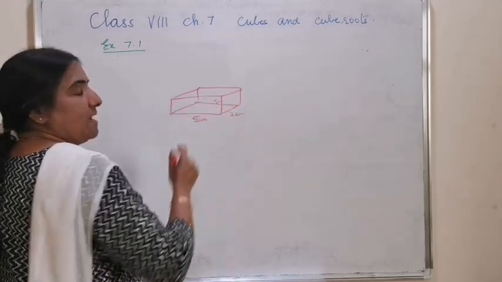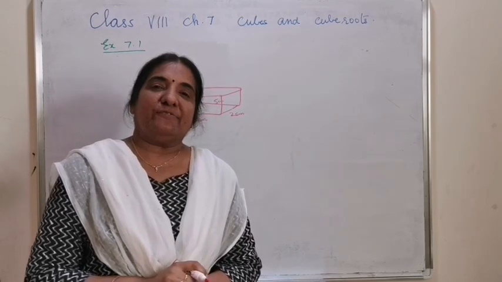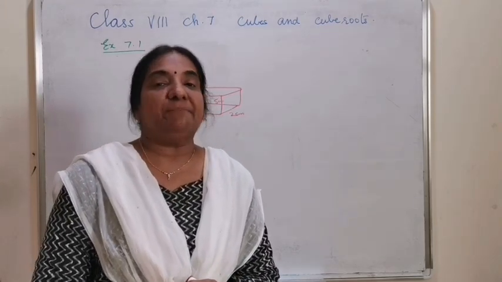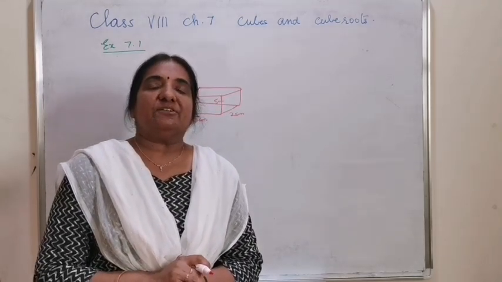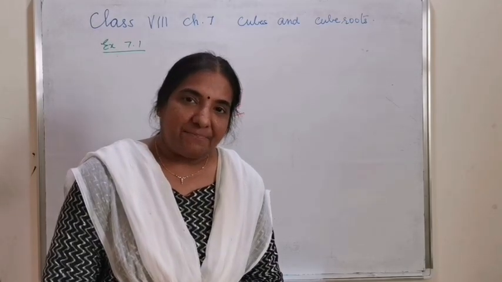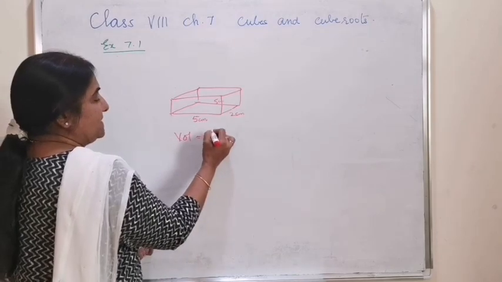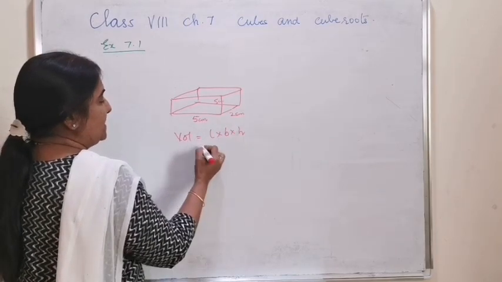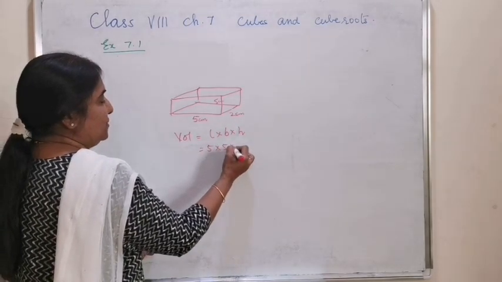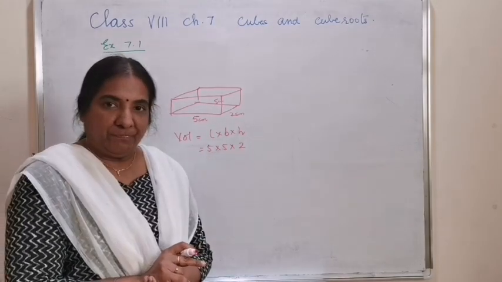The question is, how many cuboids of this particular measurement should be adjusted to form a cube? The concept here is the volume of a cuboid is L into B into H, which is the same as 5 into 5 into 2.